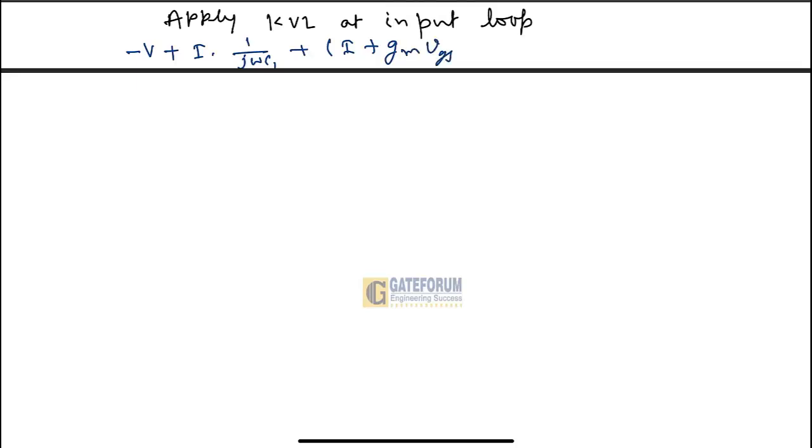So both the currents will be added together, into 1 by j omega CL is equal to 0.